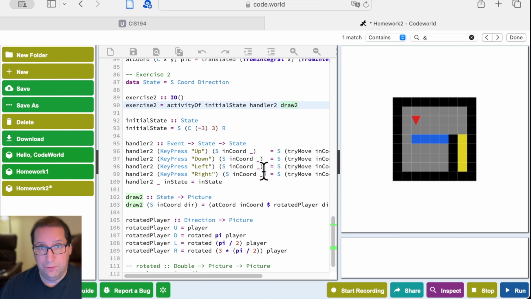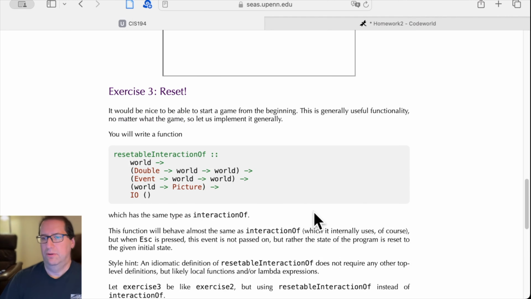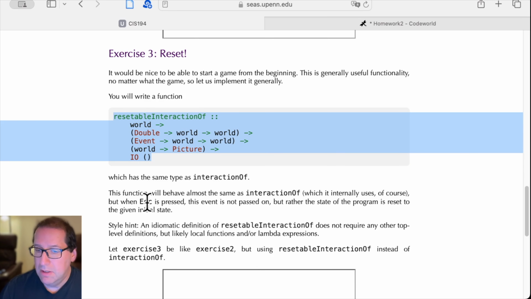Let's take a look at exercise 3. Reset. You will write a function resettable interaction of. Almost certainly this has been renamed to resettable activity of; we'll look at the documentation to make sure. It has the same type as interaction of or activity of, and will behave almost the same, but when escape is pressed, this event is not passed on, but rather the state of the program is reset to the given initial state.